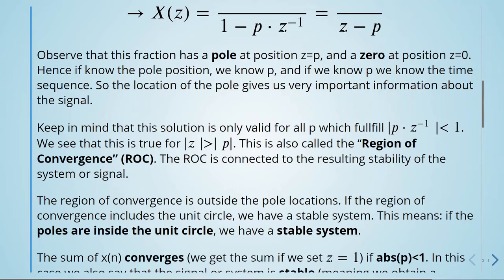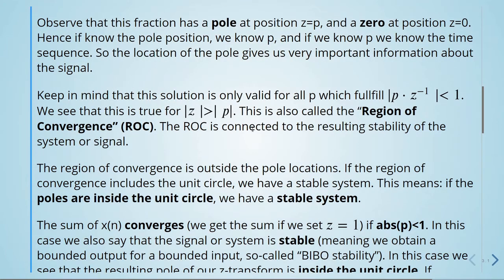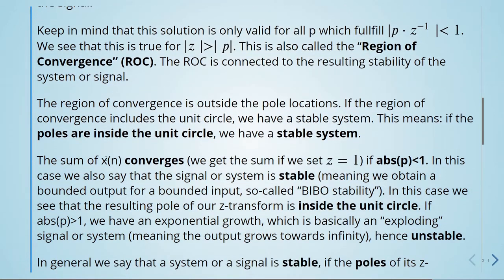The region of convergence is connected to the resulting stability of the system or signal. This means that if the poles are inside the unit circle, we have a stable system. So the sum of x of n converges if the absolute value of p is smaller than 1.